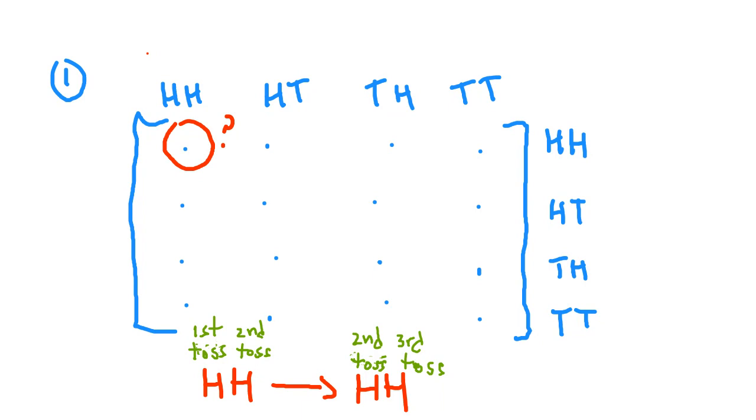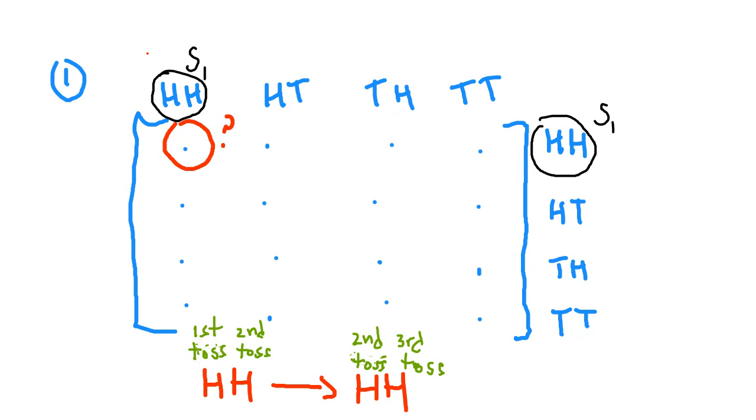The question is, if you're in state one, meaning that your first and second toss of the coin were both heads, can you go from state one to state one? Well, of course, to go from one state to another state, you have to flip the coin.